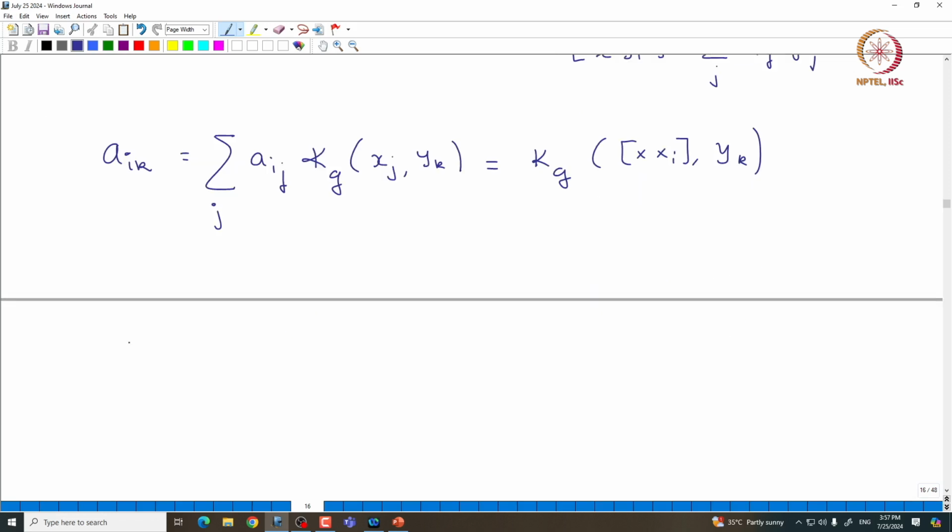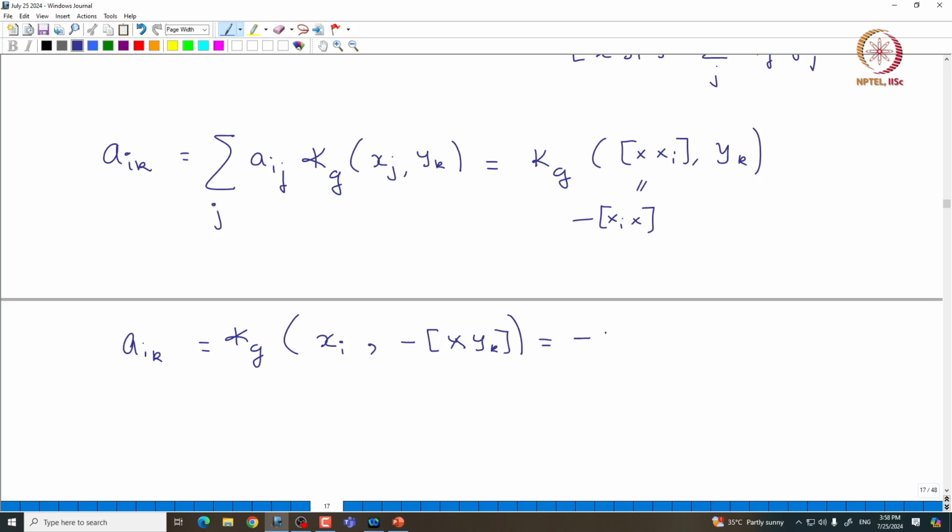Now this says that a_ik is exactly equal to kappa of G, and you can just switch them. Okay. So, then this is exactly x_i. So, you just switch this, minus the bracket [x_i, x], and then use the associativity or the G invariance. Then this is exactly x_i comma minus the bracket [x, y_k].